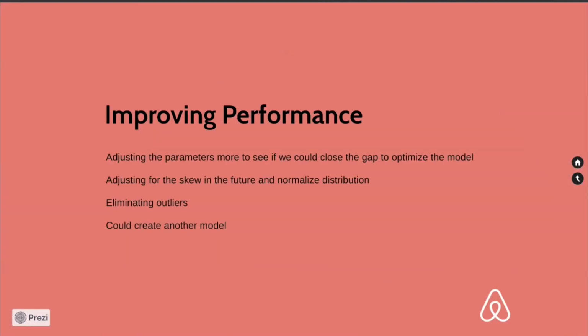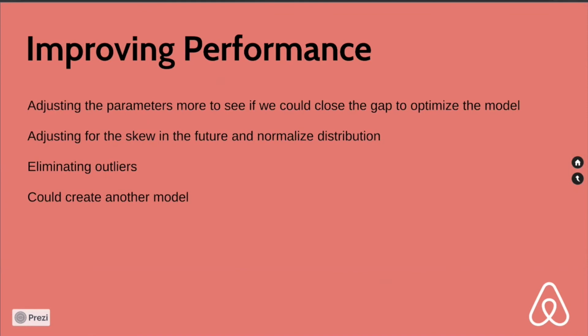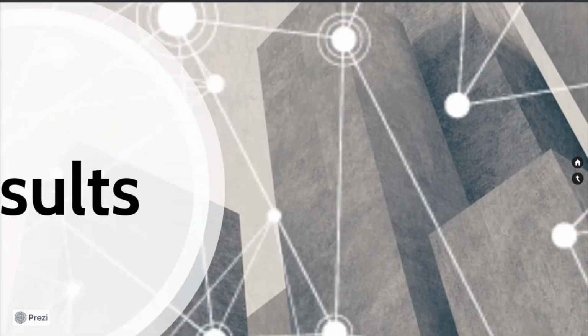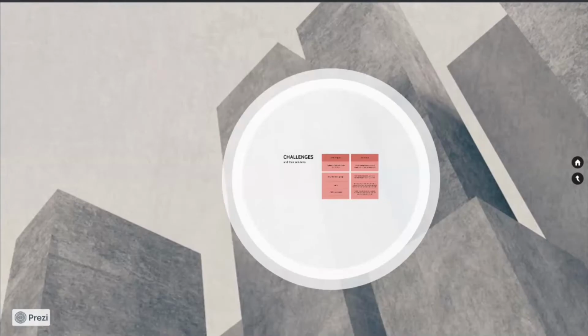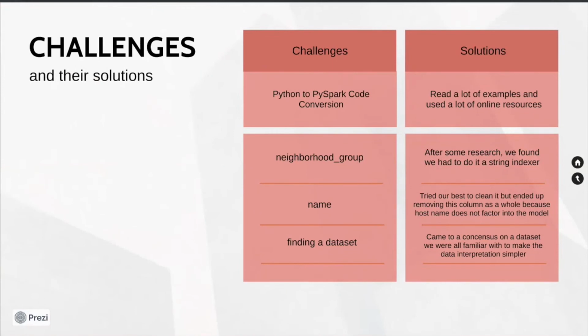We could work on improving the performance of the model by changing the parameters like maximum iterations or ETA, penalty if there is any overfitting or underfitting, or we could have more data samples if we could get hold of it, or we could try to normalize the data by eliminating some outliers or adjusting the skew, or we could use another model other than a linear regression.